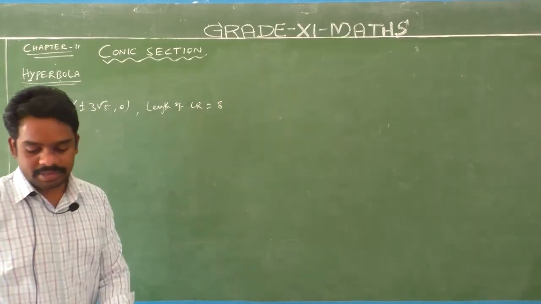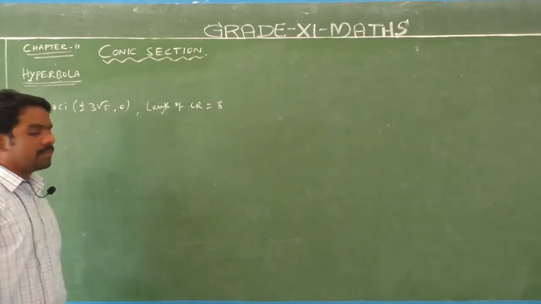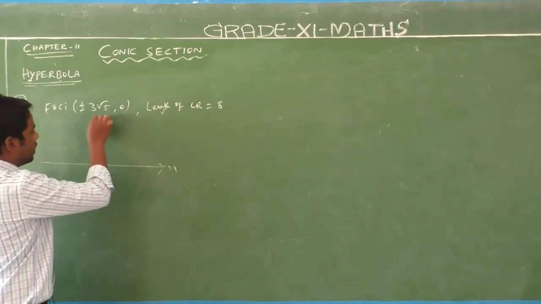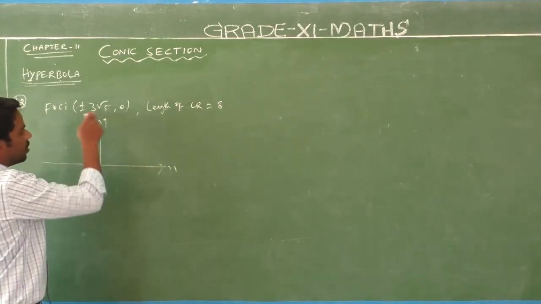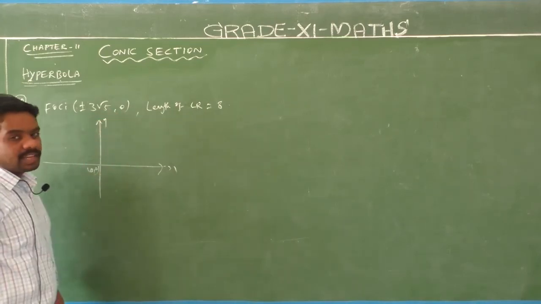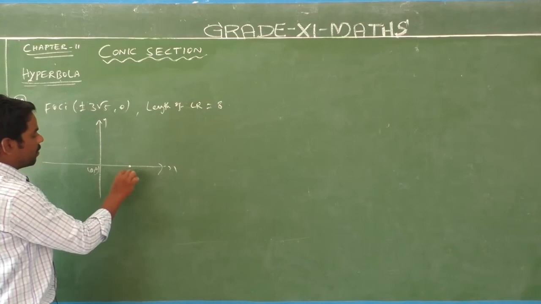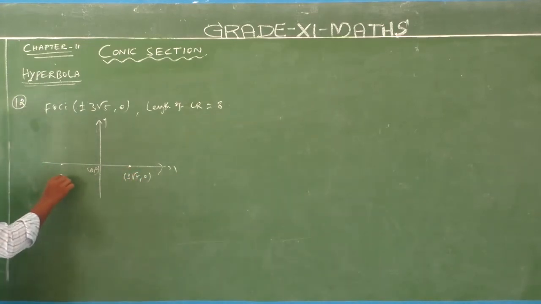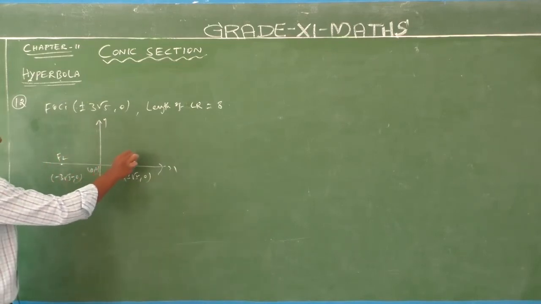This is the given information. Find the equation of the hyperbola. First of all, plot the points on the xy plane: plus or minus 3 root 5 comma 0 and minus 3 root 5 comma 0. This is F2 and this is F1.